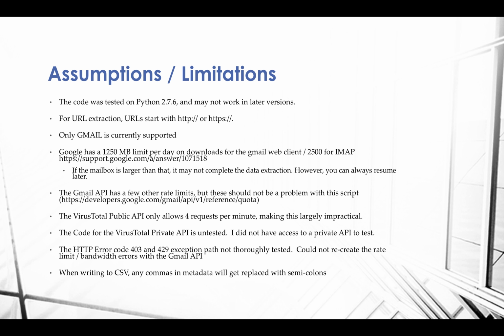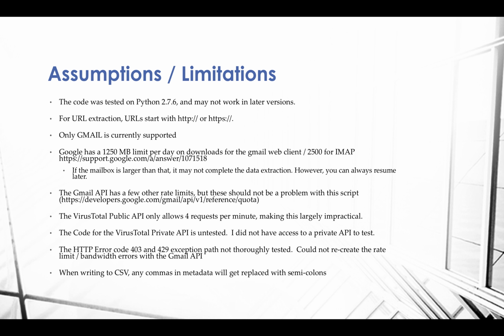It's more the download limit that may become a problem if you have a large inbox. But the tool is set up to allow you to stop midway through, or if it does hit the limit, it will stop itself and save its state. So after you wait a certain period of time, you can resume later, and you'll resume exactly where you left off before. So there shouldn't be any lost time there.